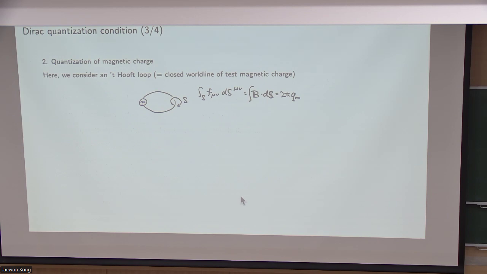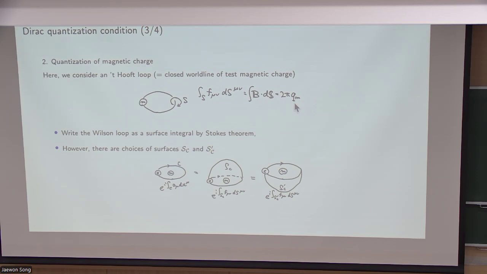Here we consider the 't Hooft loop, which is a closed world line of the test magnetic charge. The 't Hooft loop can be characterized by the surface integral of the magnetic flux, as in ordinary electromagnetism, and Q_m is the magnetic charge.